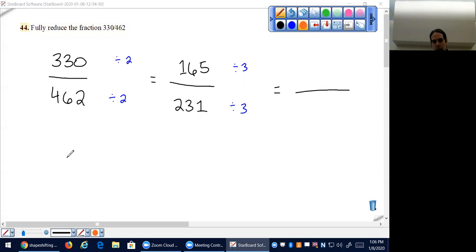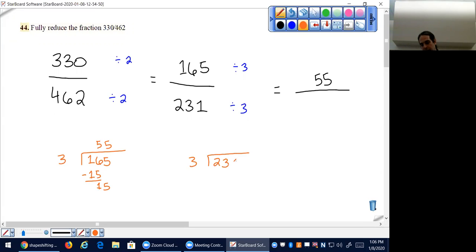Okay, I could go 3 into 165. So 3 times 5 is 15. And 3 times 5 again. And I can do 3 into 231. 3 times 7 is 21.